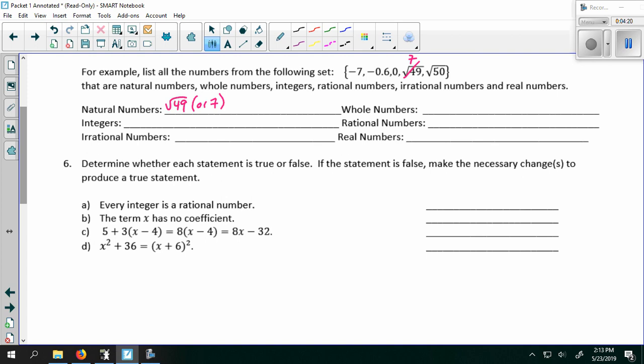Okay, integers, we've got -7, 0, and square root of 49, which is 7. So integers are the positive and negative whole numbers. Whole numbers would just be 0 and 7. Those are the natural numbers, or the counting numbers, plus 0.